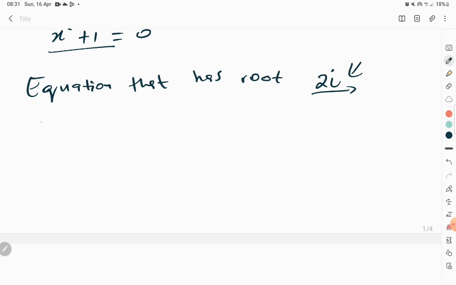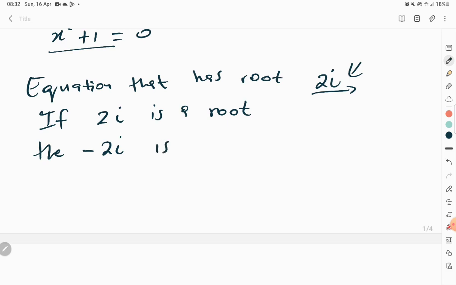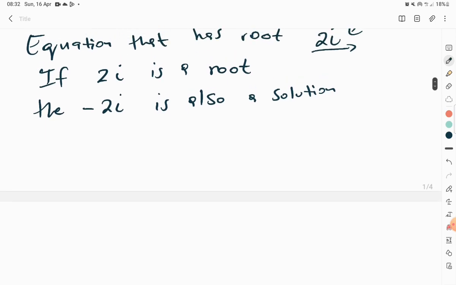So if 2i is a complex root, then negative 2i, which is the conjugate of this root, is also going to be a solution. So it is always the case that when you're given one, then the additive inverse of it is also going to be another solution. So now you have two solutions. When you are given one on the complex side of numbers, it's easy to find the other one.